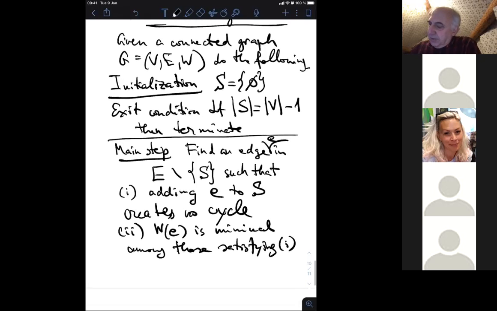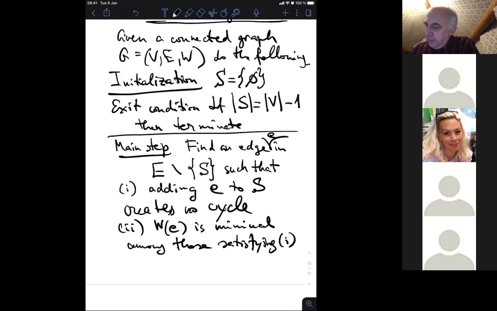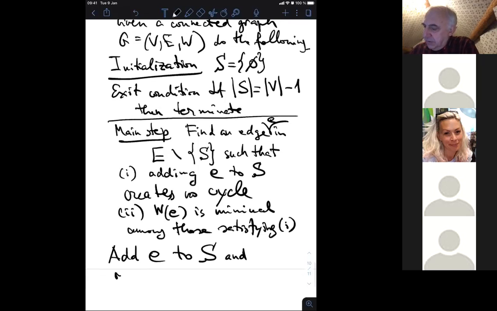So when we found such an edge, add E to S and reiterate the main step. And this is it. It's really a very easy thing.